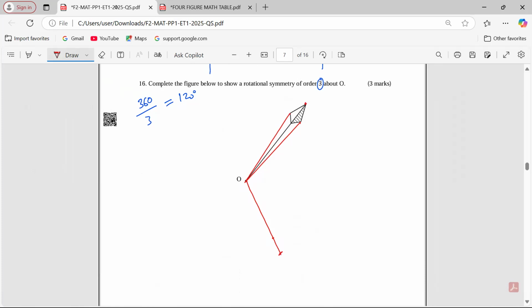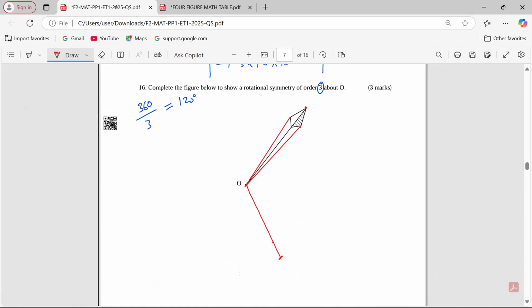Then we do the same for the second one. We measure 120. So the other one will also be brought to an equal distance through 120.